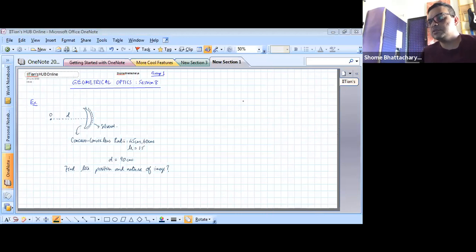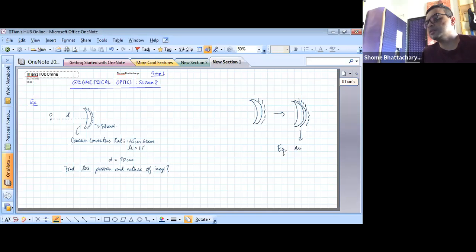So we will just use this concept over here, that this thing silvered from here is actually equivalent to this kind of a lens in contact with a mirror like this. This becomes an equivalent mirror given by the focal length 1/f equivalent.